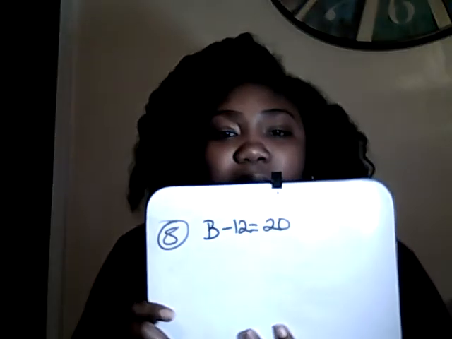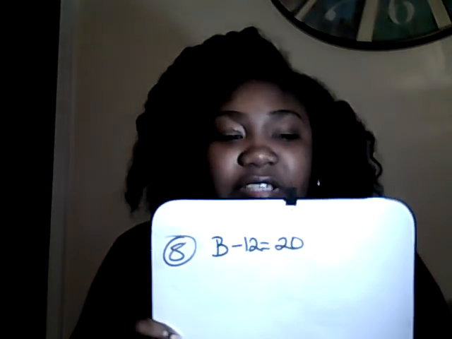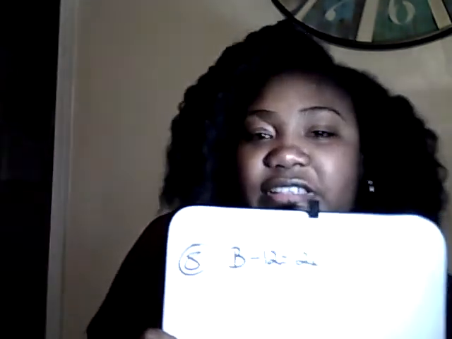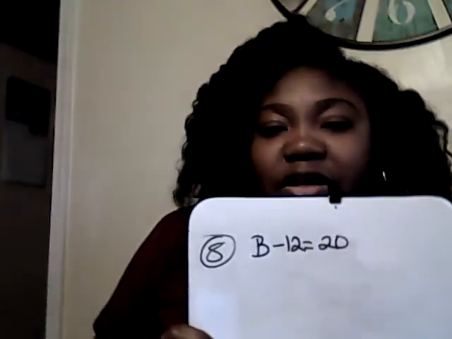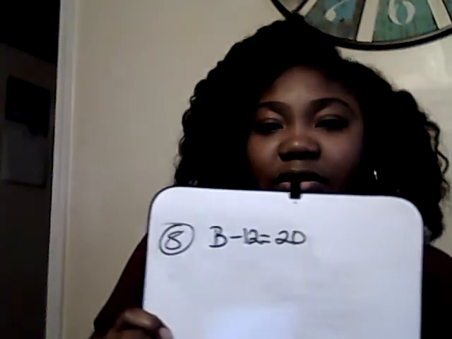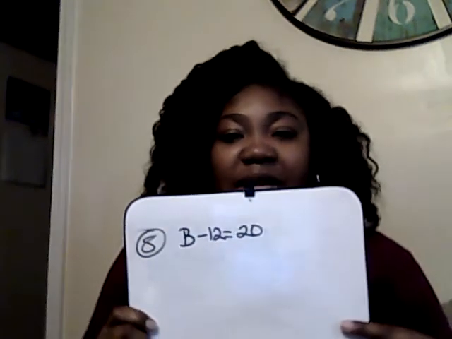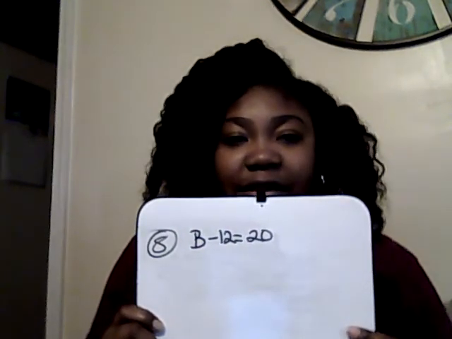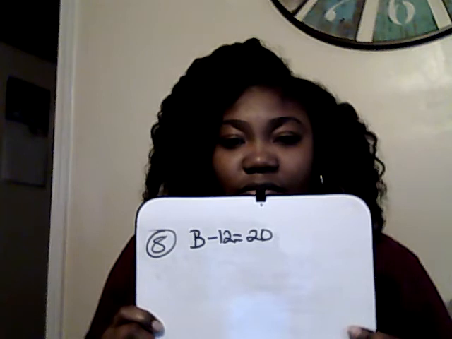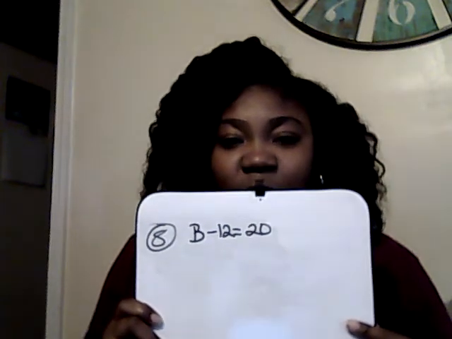All right. B minus 12 equals 20. Let me turn this light off to see if it'll make it a little bit better. Is that better? I think so. Alright, B minus 12 equals 20. So what's the first step we would do on this one?